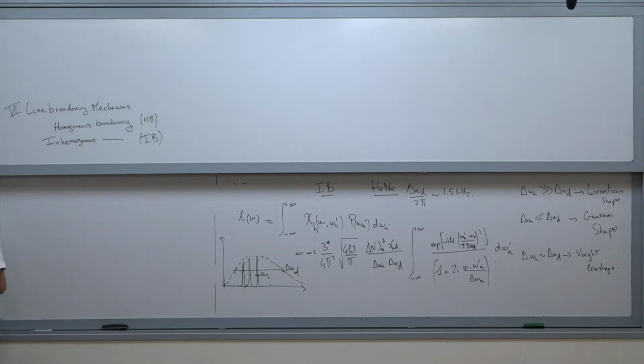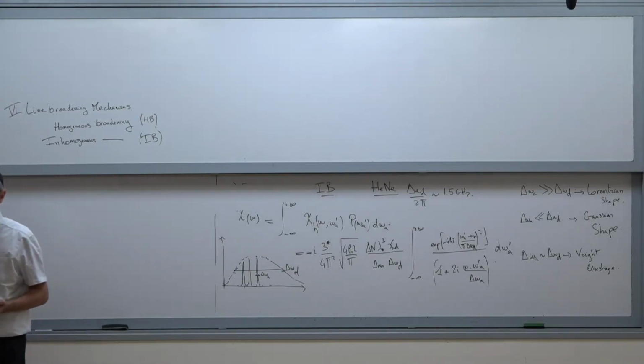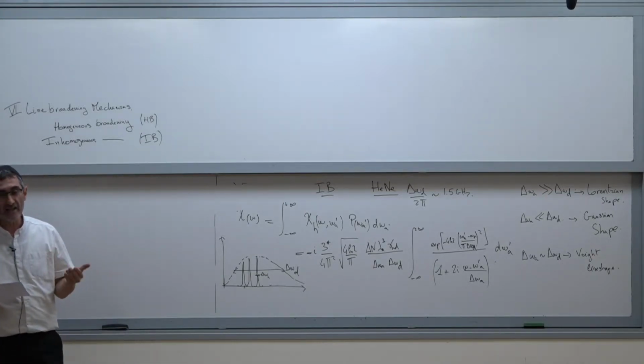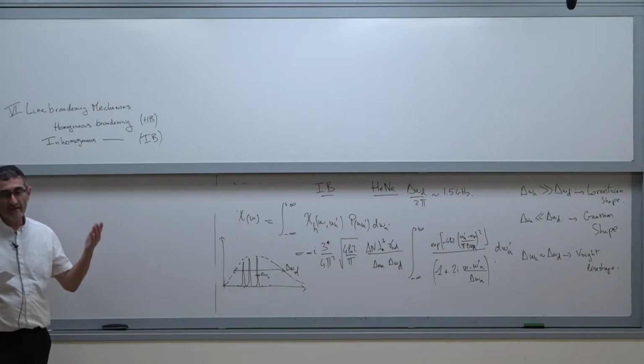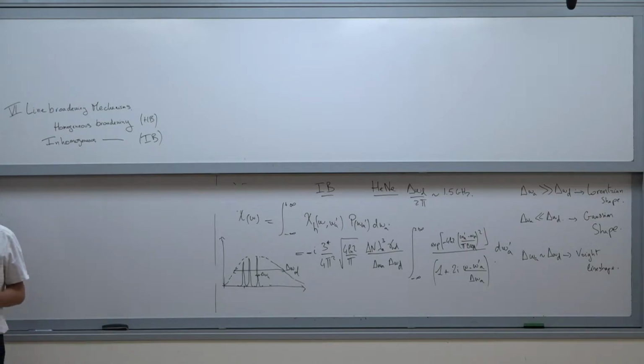The first point I want to make is very easy. We are talking about one transition between level 1 and level 2. In general, atomic systems are more complicated than that. So there is not only one transition between two levels, but you may have many transitions, between levels i and j, i being 1 to N and j 1 to M. So simply the idea is to take them separately.